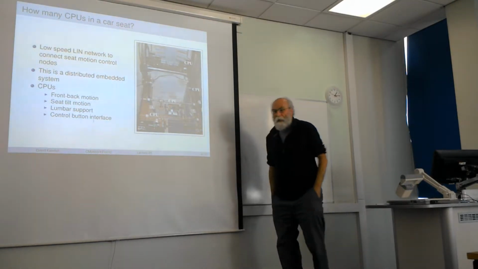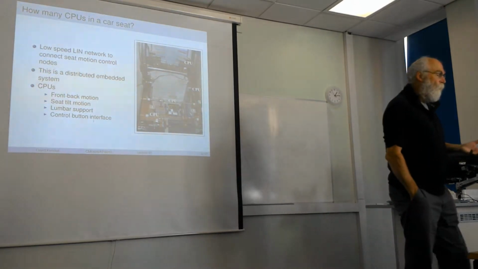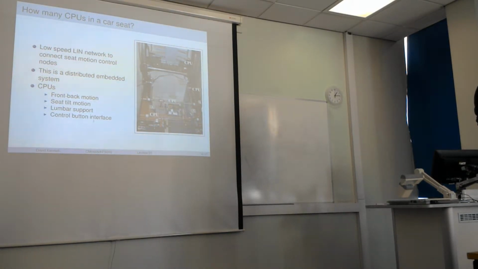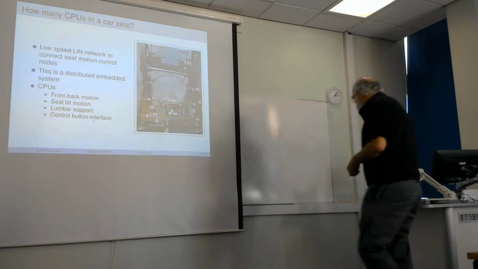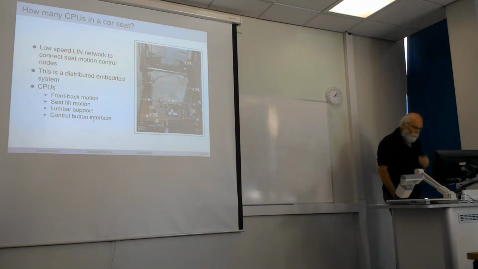And the thing that makes it embedded is there's some control aspect. There's something to control some part of the physical environment. So this is a computer embedded in a physical environment. We've got 4 of them in one of our car seats.